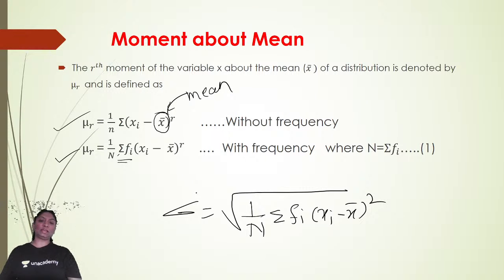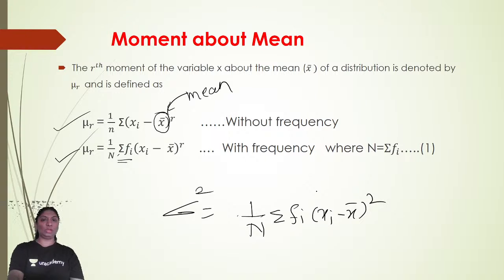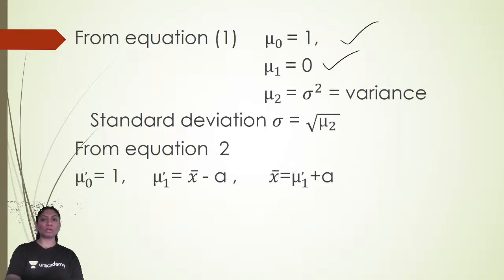If we take the squares on both sides, then the square root will get cancelled out. So you will get sigma square is equal to this. This is nothing but mu 2, which is the second moment about mean. Mu 2 is equal to sigma square. We can directly calculate sigma square if mu 2 is given.